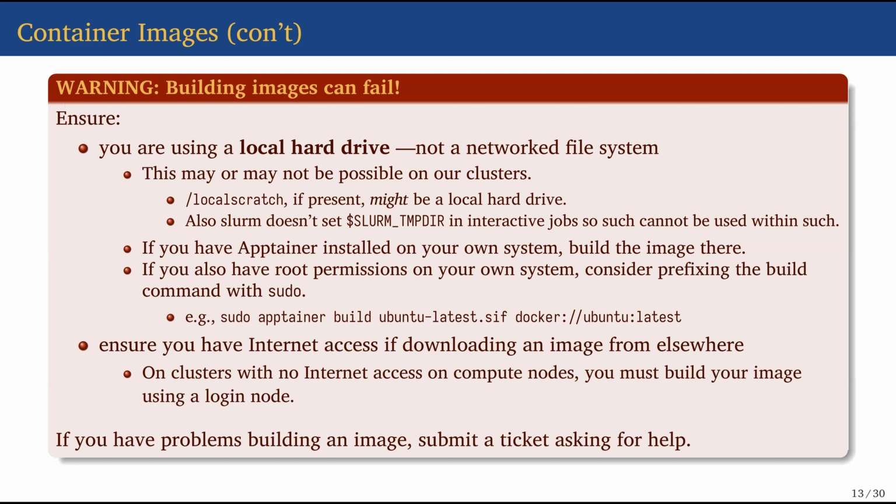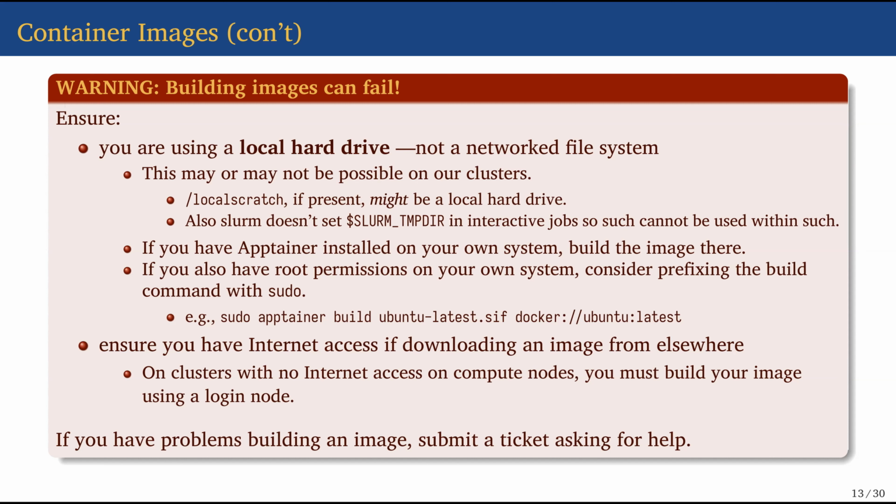The Singularity and Apptainer admin documentation very clearly says not to use any network file system. If you do, it might just fail and you won't know why. Many images will indeed build on the clusters, including on Project, Home and Scratch, which are all network file systems, but understand that they might just fail and you might not know why.